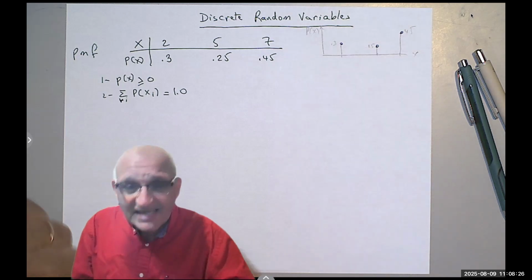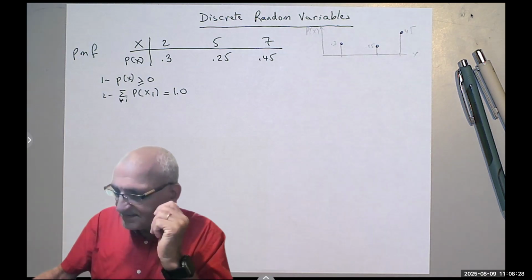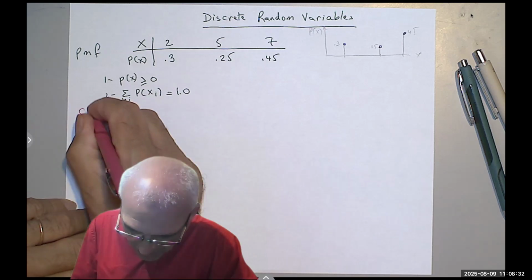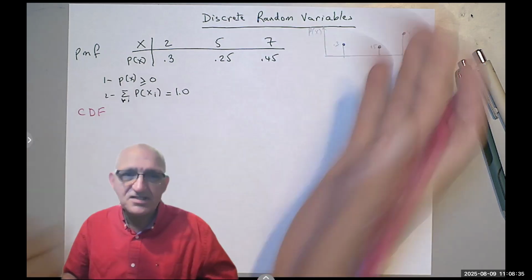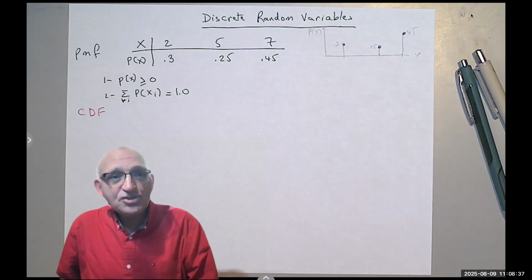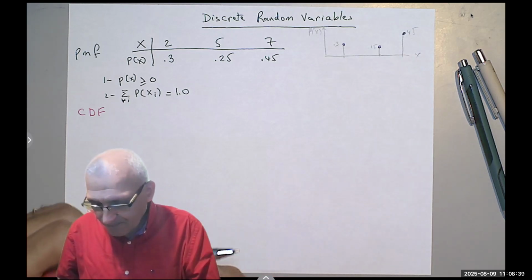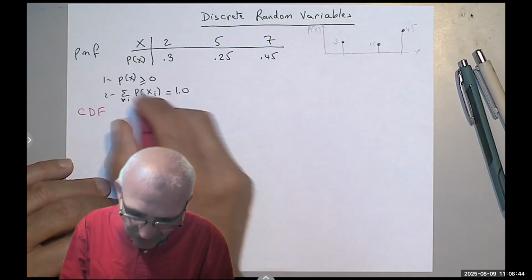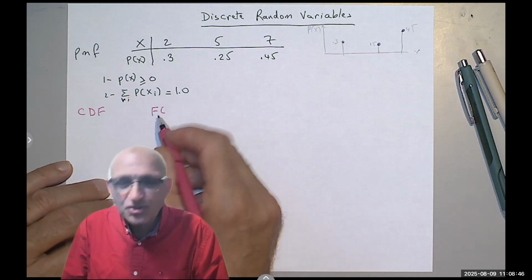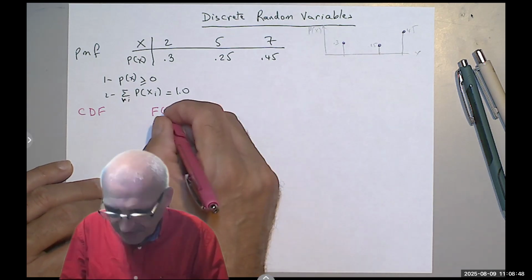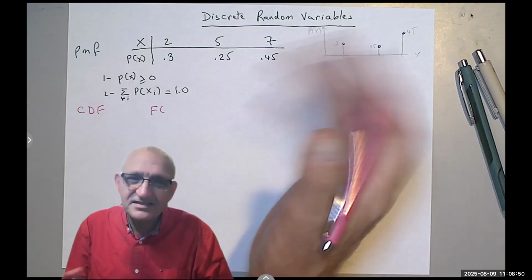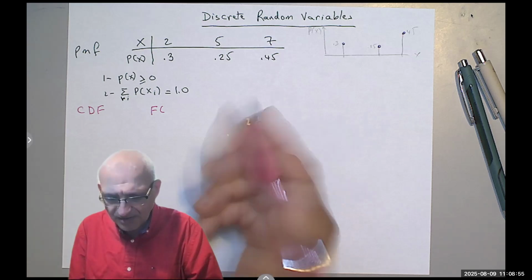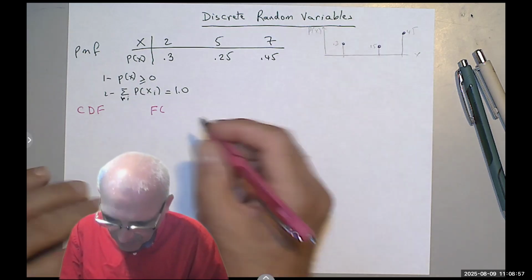Okay. Next, we look at what we call the cumulative distribution function, or sometimes just the distribution function. A distribution function gives you capital F of x. Usually we use that capital F of x, but we are using P of x. Most people in probability use P of x for the probability mass function, but if you write F of x, it's still correct.